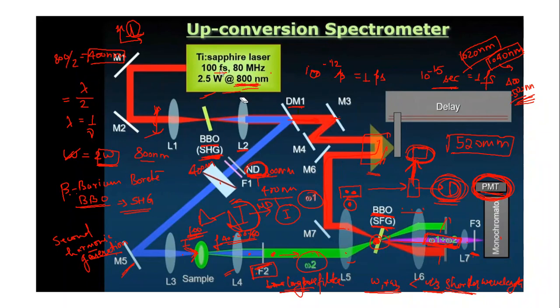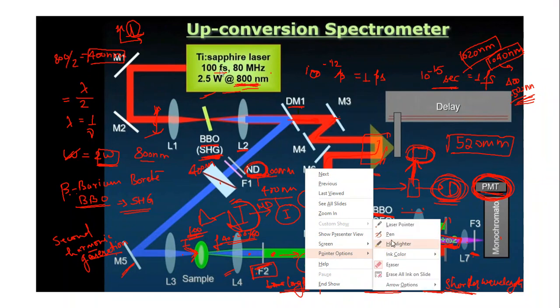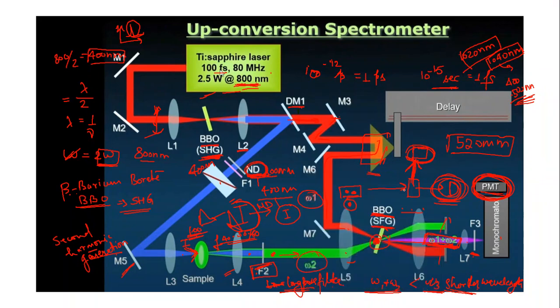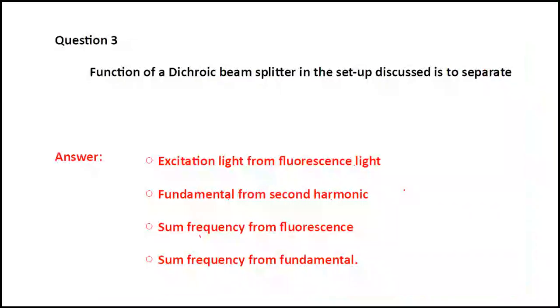So basically, something which is denoted with this DM is the dichroic beam splitter. Okay, now since we cannot draw more on this page, I'll draw using the pen on this page itself.